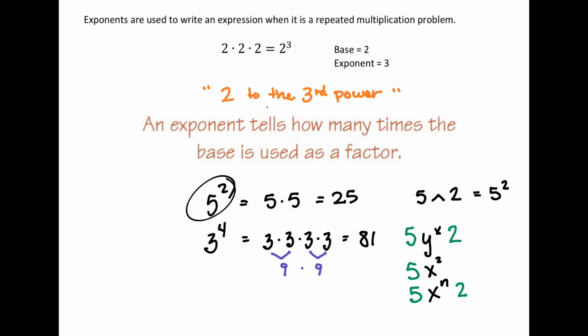So you know that 5 times 5 is 25, right? Two 5's multiplied by themselves. So you can try 5 squared in your calculator, try 3 to the fourth in your calculator, and see if you get these two answers.